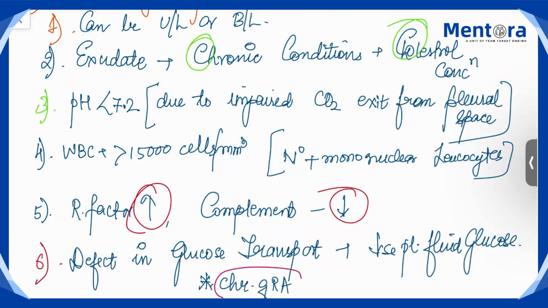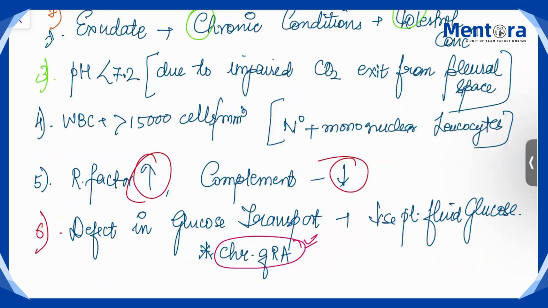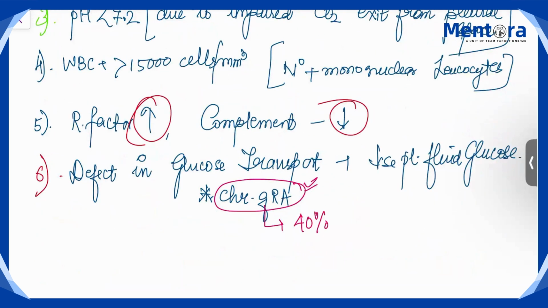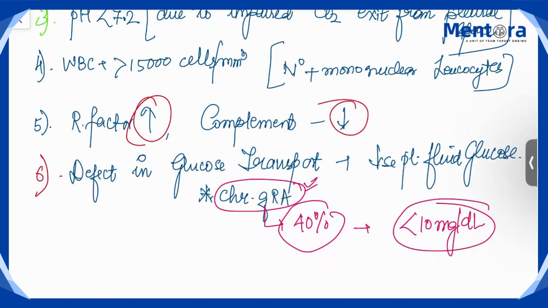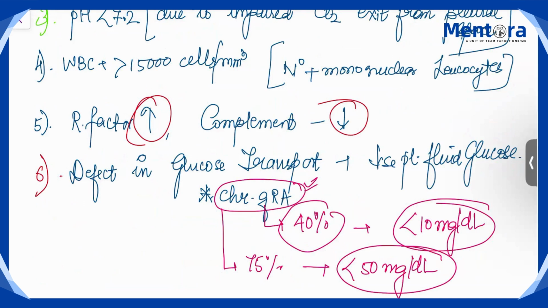In 40% of these patients, the glucose level will be as low as less than 10 milligram per deciliter, and in 75% of the patients, it will be less than 50 milligram per deciliter. So this is one of the characteristic features of rheumatoid pleural effusion.